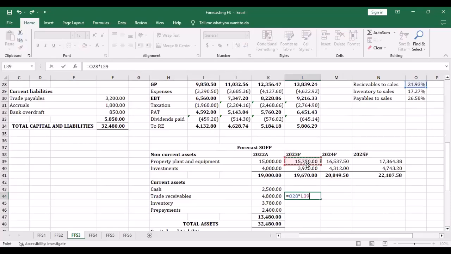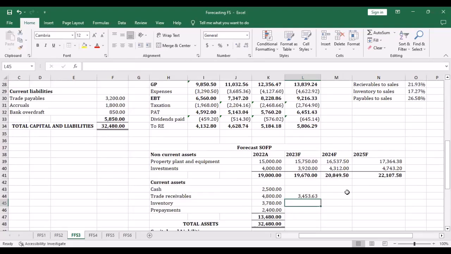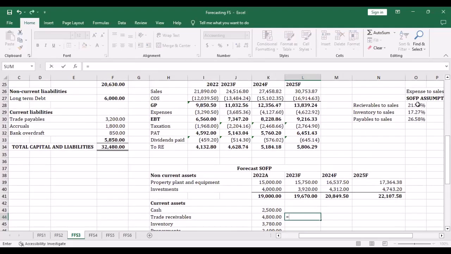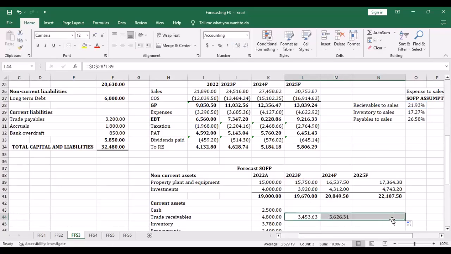So here, I press F4 and multiply by the sales, and because I did F4, I just drag.